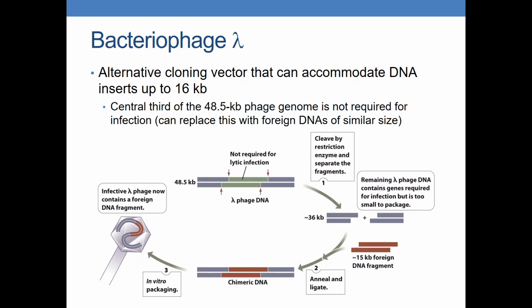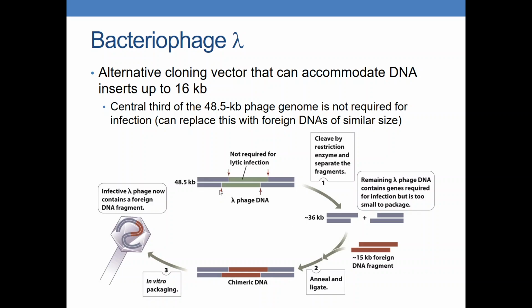Now, why am I focusing on length here? DNA is packaged in phage particles only if the length of the insert is such that the total length is 75 to 105% of that original 48.5 kilobase wild type genome size.